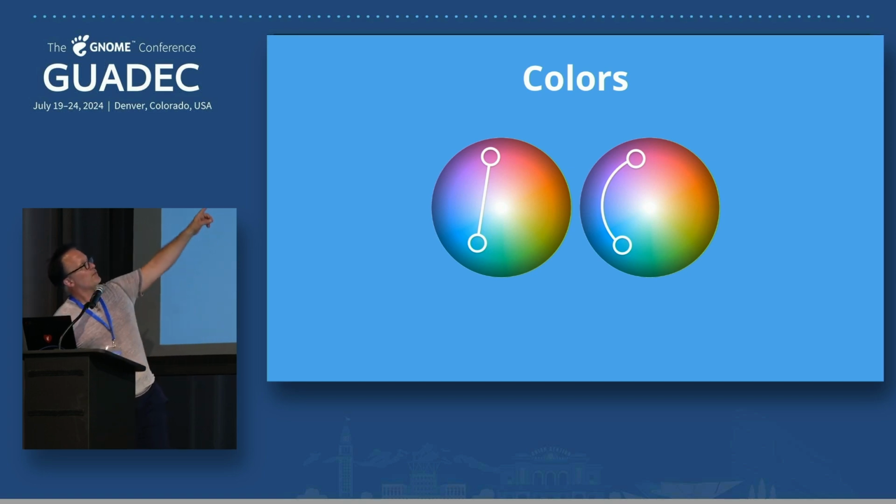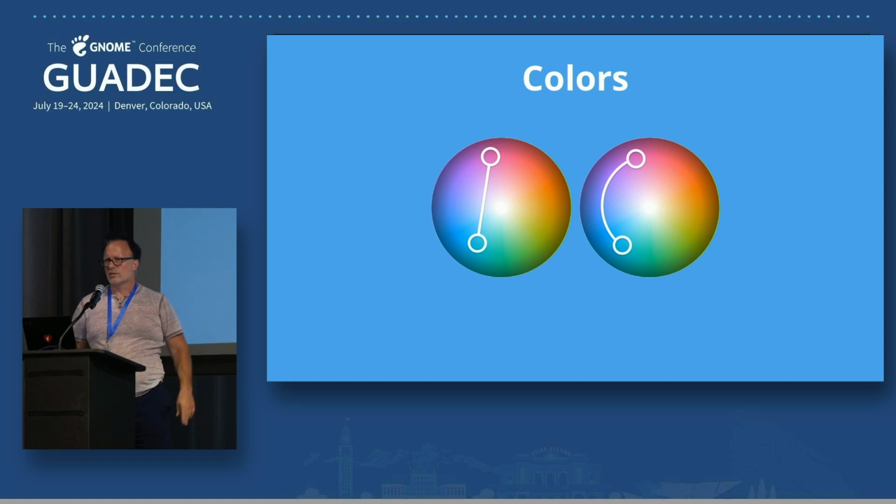You can see that here on the left side. If you go from a purplish color to a greenish color, and you interpolate in a straight line with RGB, you end up crossing pretty close to the middle where it's gray, and your gradient doesn't look so good if it has a gray blob in the middle. So what you really want to do is use a different color space where you have the hue encoded in a polar way, as an angle.